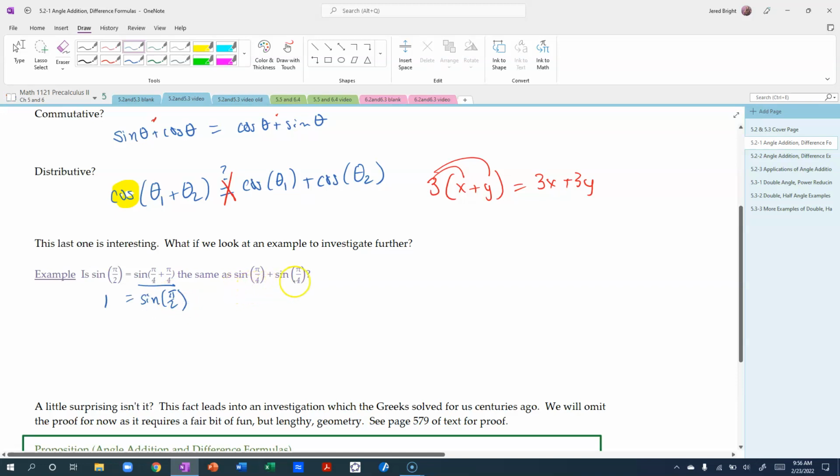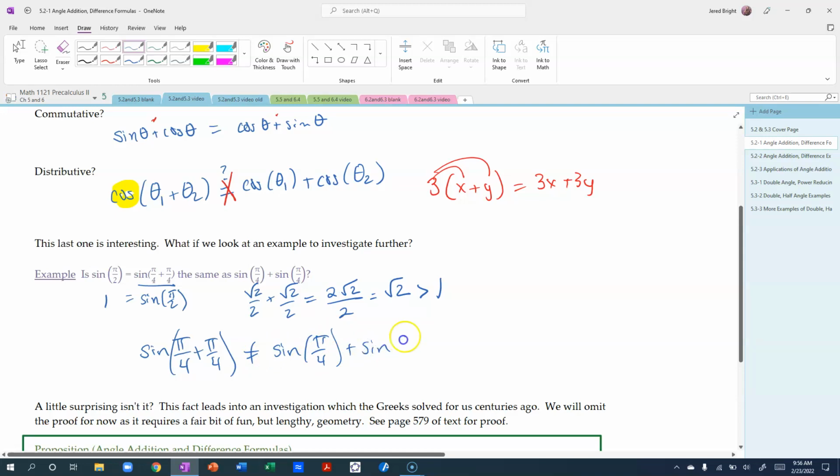If we look at adding these two, sine of pi over 4 is square root of 2 over 2, and add that square root of 2 over 2. If I add those, I get 2 square root of 2 over 2, which is just square root of 2, which is actually bigger than 1. So this is a quick example to show you that sine of pi over 4 plus pi over 4 in parentheses is not equal to sine of pi over 4 plus sine of pi over 4.